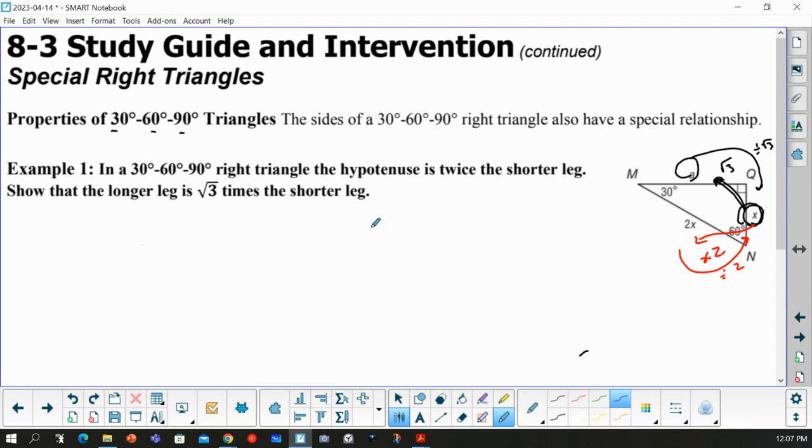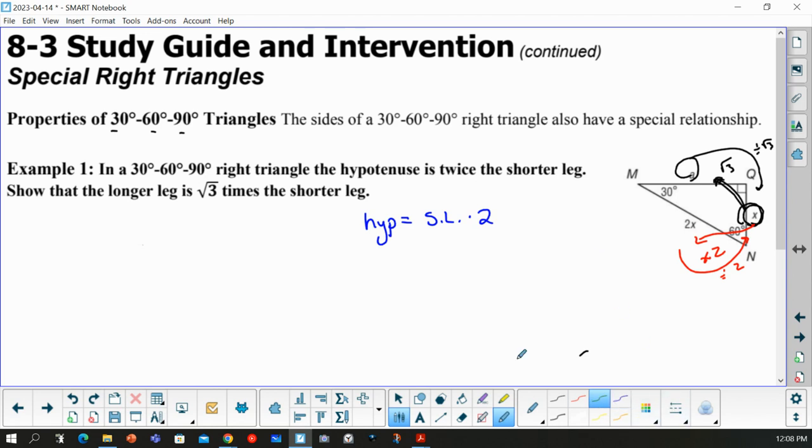Another way we can write this, we could say the hypotenuse is equal to the short leg, SL, times 2. Short leg times 2.